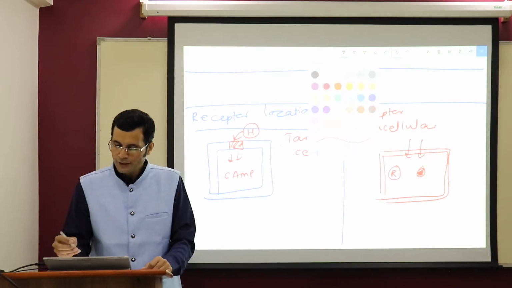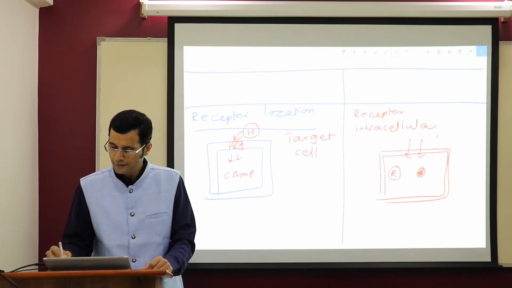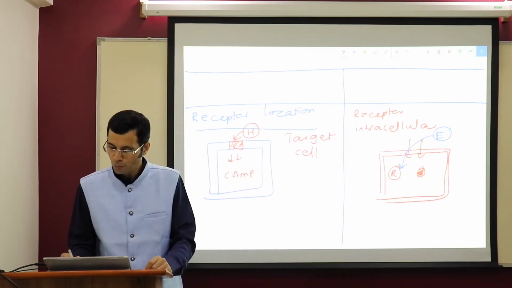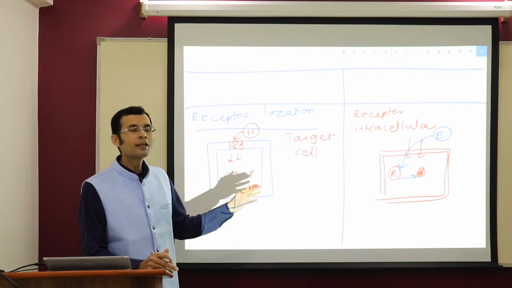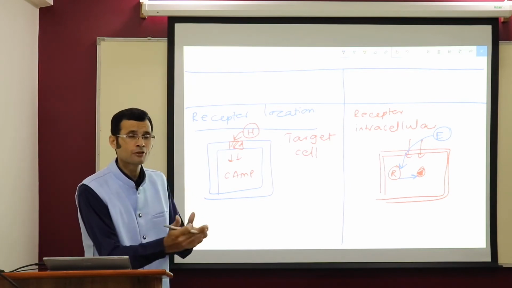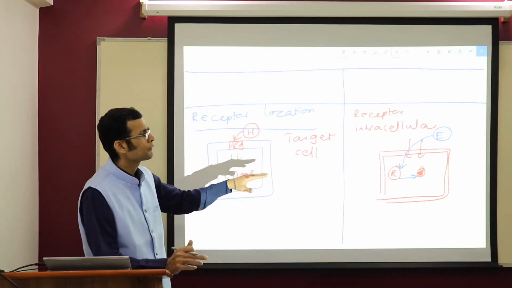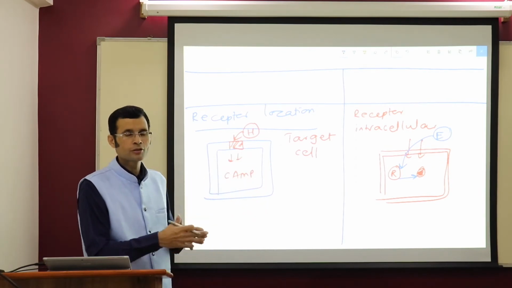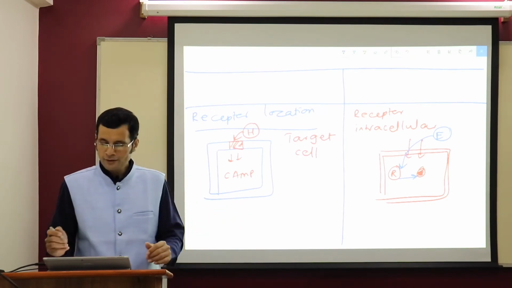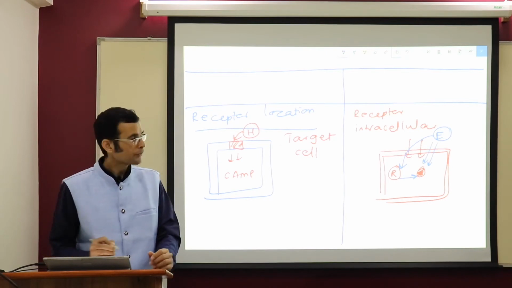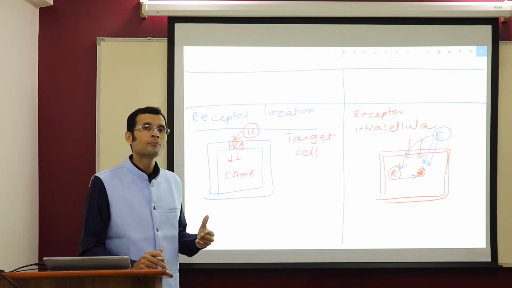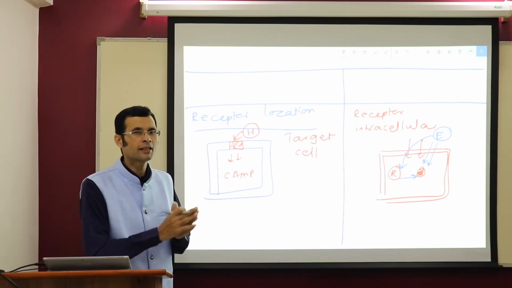So what happens is estrogen will enter the target cell, combine with this primary receptor, and then the hormone receptor complex will enter the nucleus. Or even in the case of estrogen, they have found that it's not always necessary that it binds with this receptor. Intranuclear receptor means estrogen will straight away enter the cell, travel through the cytoplasm, enter the nucleus, and then bind to the specific DNA strands.